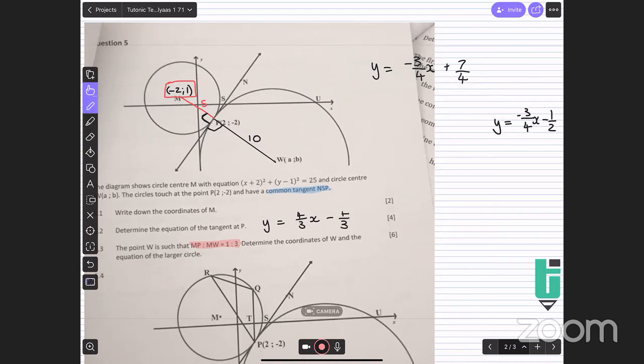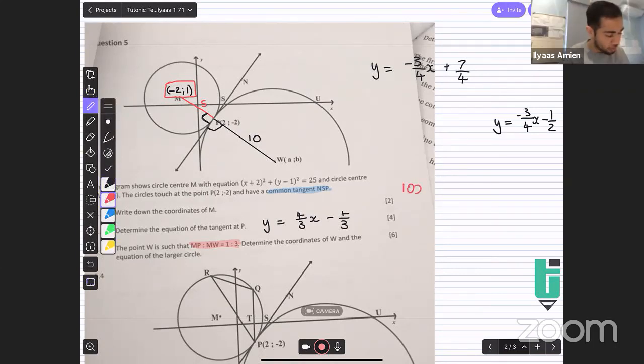Isn't it 10? Yes, 10. So it's going to be d squared, which is 100, equals the change in the x values, which is 2 minus a, squared, plus the change in the y's, which is minus 2 minus b, squared.